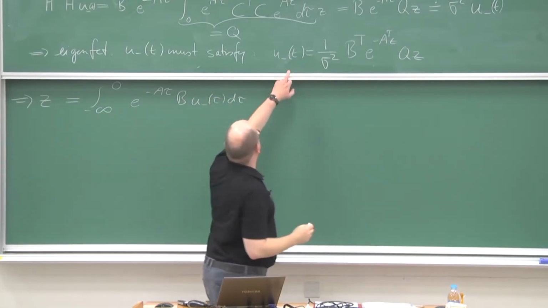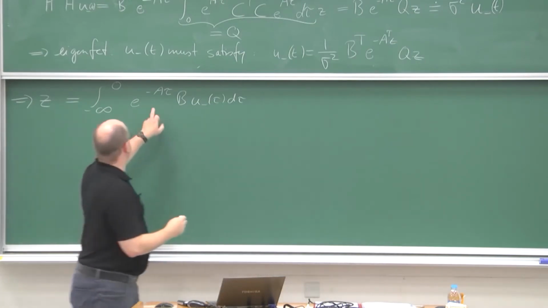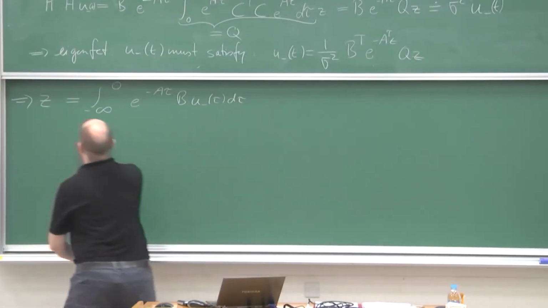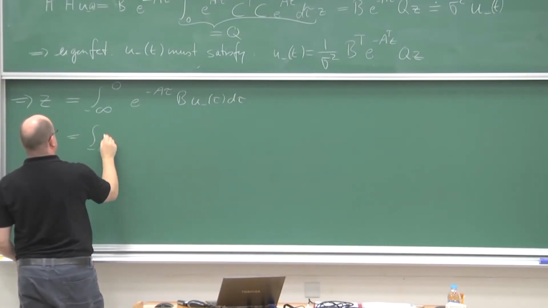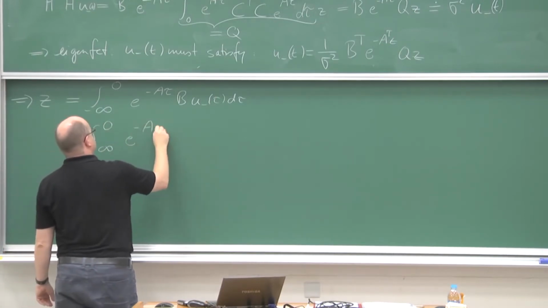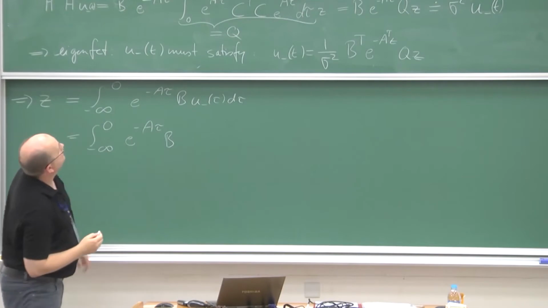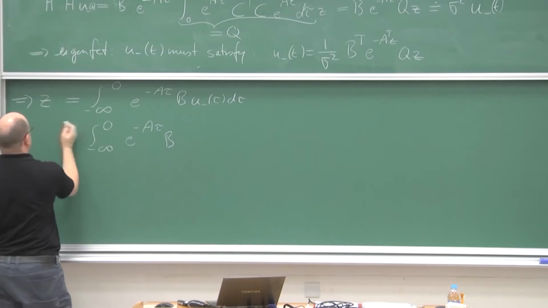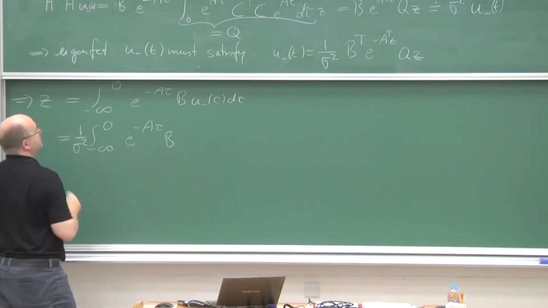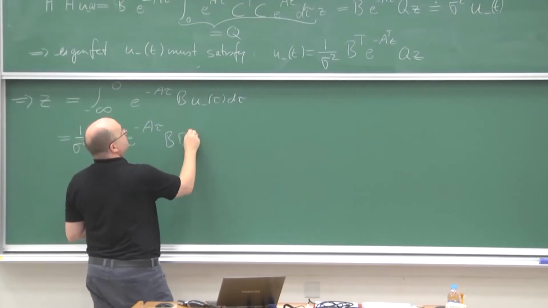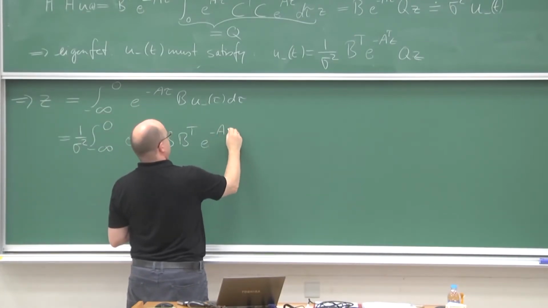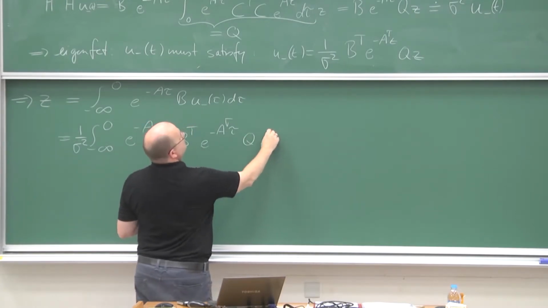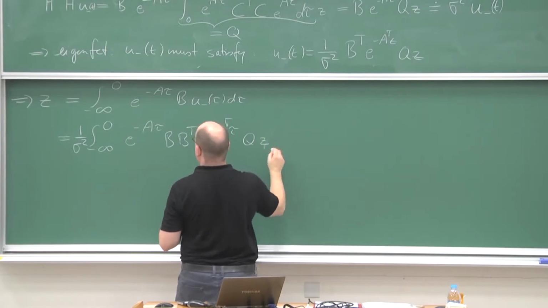And now we insert this expression for the eigenvector into this formula. The eigenvector was 1 over sigma squared. Let's pull the 1 over sigma squared to the left. B transpose e to the minus A transpose tau Q z d tau.